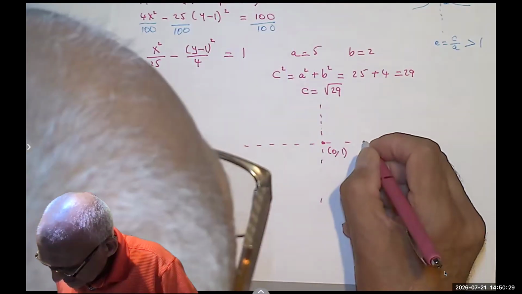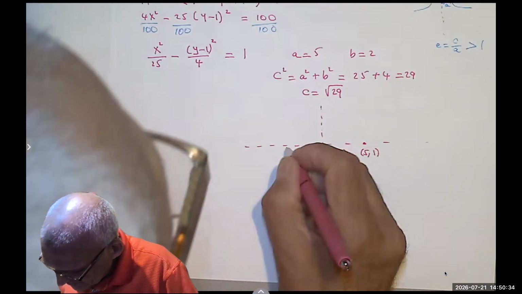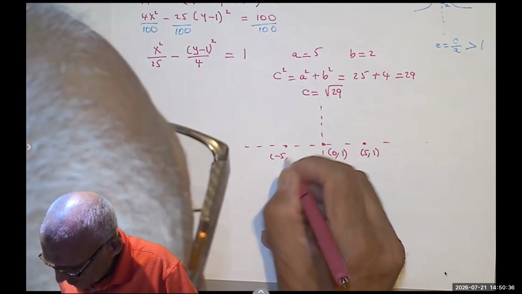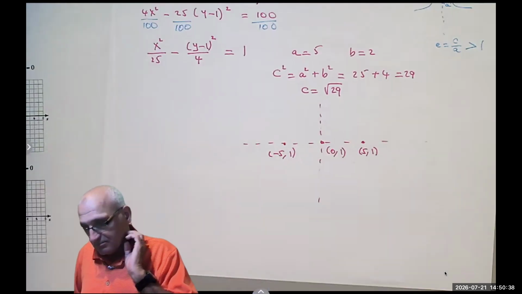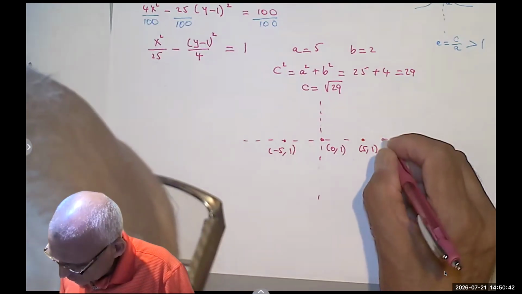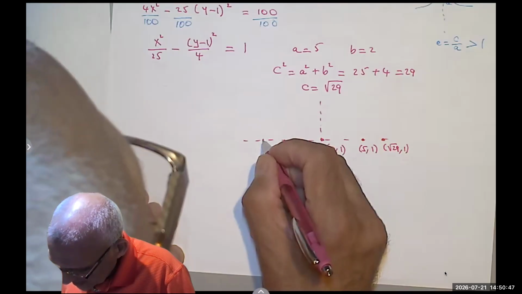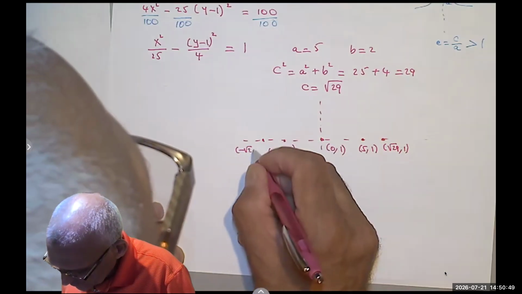So one of the vertices is (5, 1), and the other vertex is (-5, 1). c is root 29. So this point is (square root of 29, 1), and this point is (negative square root of 29, 1).